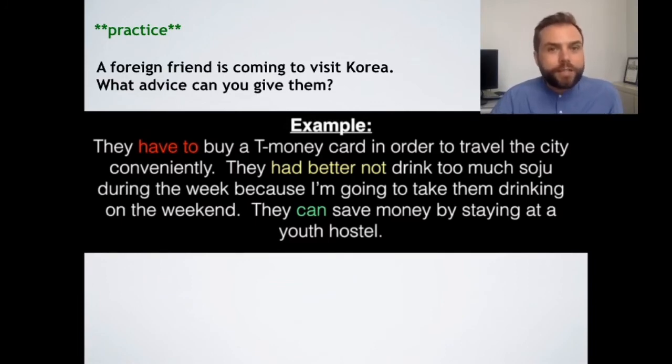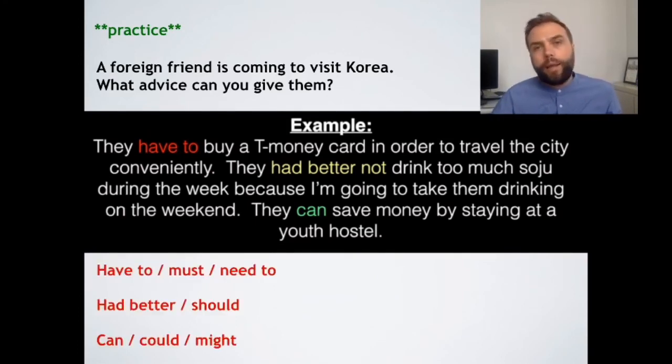What advice can you give them? Have a look at the example to get some ideas. And here are the words that I want you to use: have to, must, need to, had better and should, and can, could, and might. Try to use at least one from each line in your example.